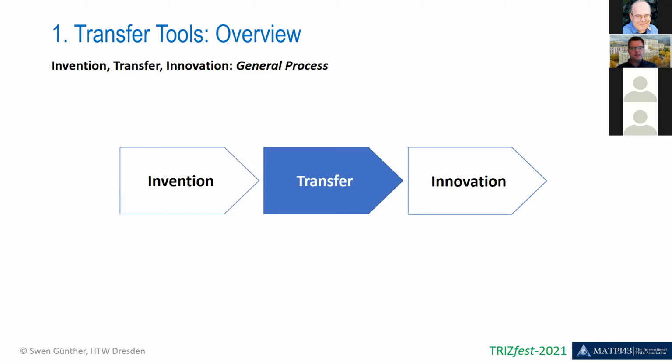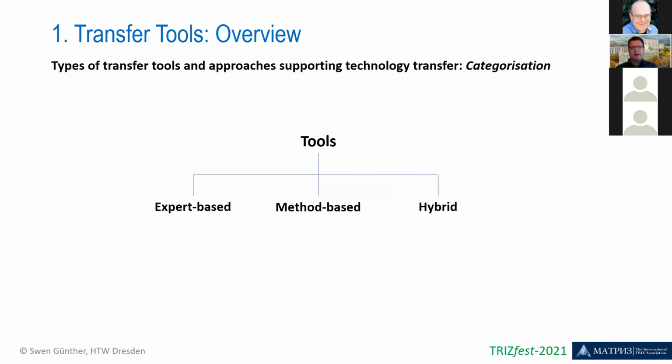And tools that could support this transfer to get from the invention to the innovation are shown here, or in the first step are categorized here. So we have tools in the first category that could be called expert-based, expert system, expert-based tools. So that is the human brain that is used based on expertise and experiences that support the transfer process, the transfer organization. Then secondly, we have method-based tools, or method-based.